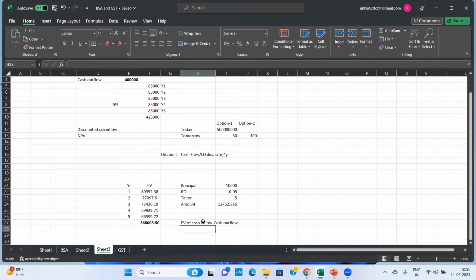If it is negative means I'm running into a loss. So here it is negative. This minus this, it's negative by 31,994.50. So do I choose the project? That is my next question to you guys.